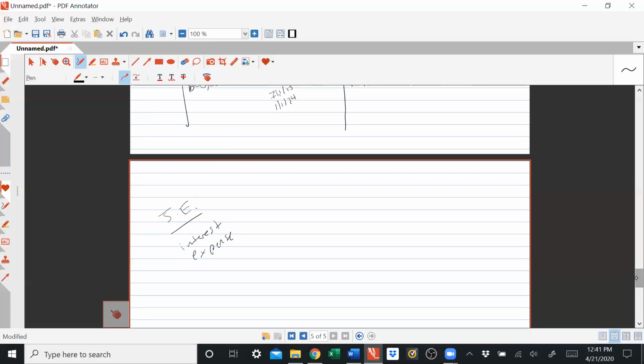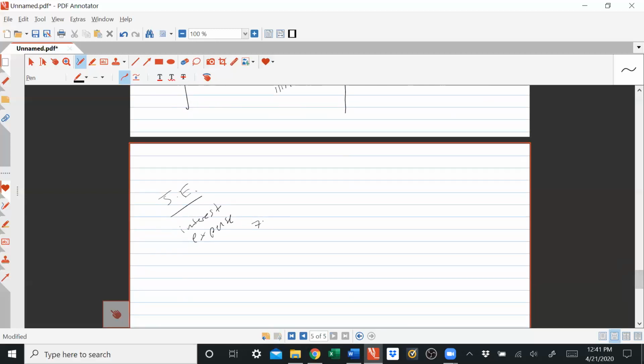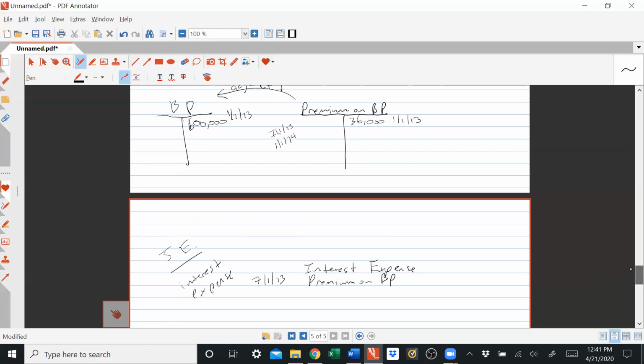So every 6 months, starting, when's the first interest payment due? July 1st, 2013. Every 6 months, starting on July 1st, 2013, they're going to make this journal entry. They're going to debit interest expense. They're going to debit premium on bonds payable. They're going to reduce a portion of the premium. And they're going to credit cash.